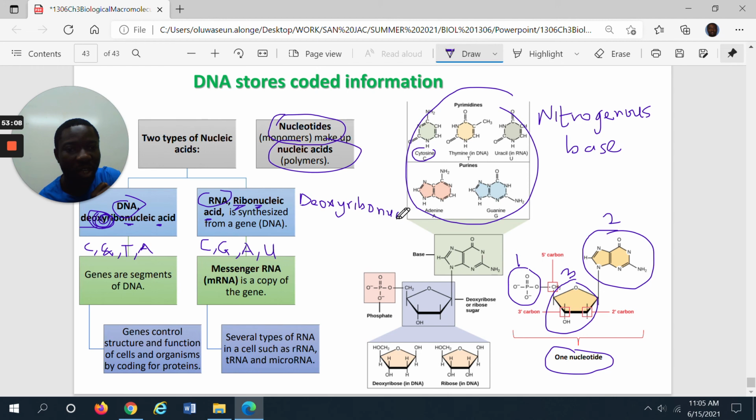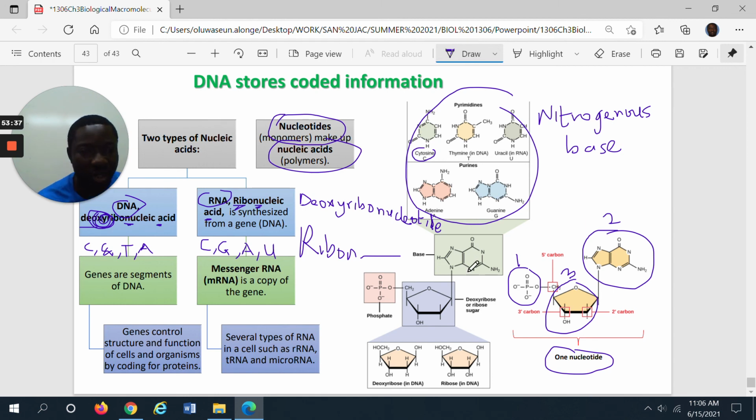So if I'm specific about DNA, then it's going to be deoxyribonucleotide. Does that make sense? Yes. Then if I'm talking about RNA, it's going to just be ribonucleotide. So you just write ribo, then you put nucleotide to it. It won't have deoxy. So generally, their monomers are called nucleotide. But if I want to be specific, for DNA it is deoxyribonucleotide, but for RNA it's ribonucleotide.